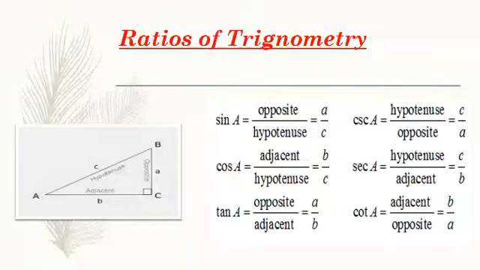Similarly, cosecant ratio is hypotenuse by opposite, secant ratio is hypotenuse by adjacent, cot ratio is adjacent by opposite. In this chapter, the sine ratio, cos ratio, and tan ratio are more useful to perform the application problems. Right?